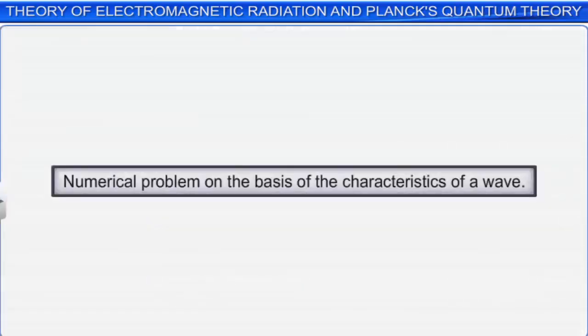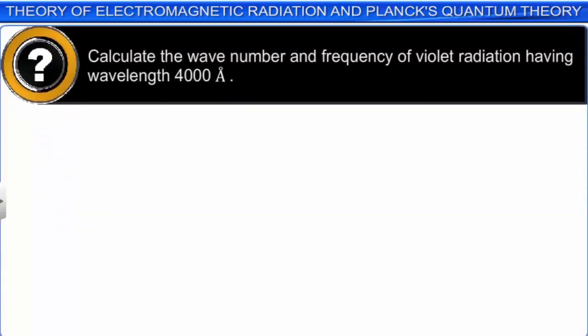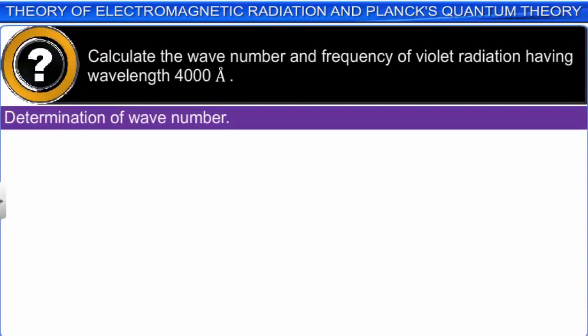Now, let us solve a numerical problem on the basis of the characteristics of a wave. Calculate the wave number and frequency of violet radiation having wavelength 4000 angstrom. First, let us calculate the wave number.